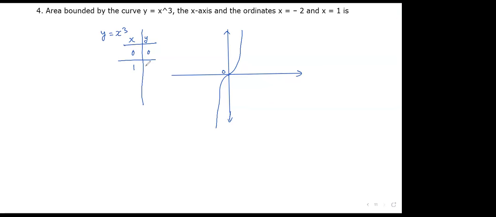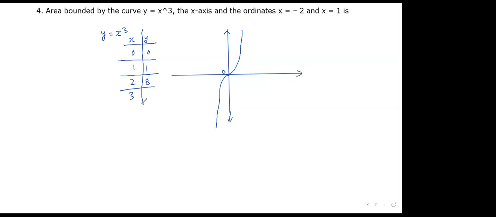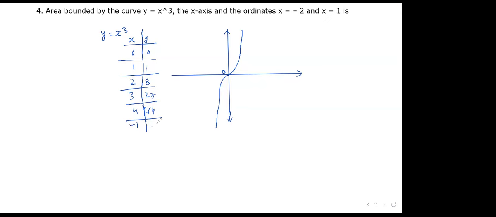If you take x equals 2, y is 8. x equals 3, 27. x equals 4, 64. Very sharp moving towards the y-axis. Similarly, if you take negative 1, then negative 1; negative 2, negative 8; negative 3, negative 27.